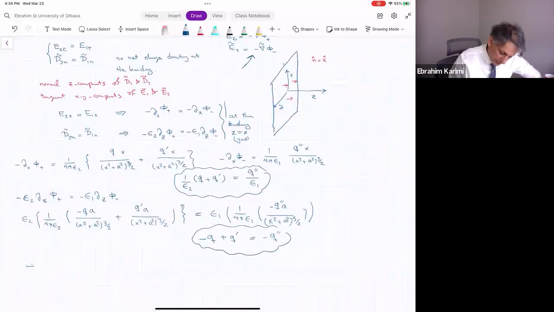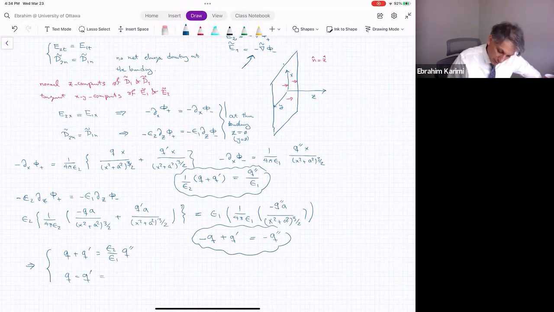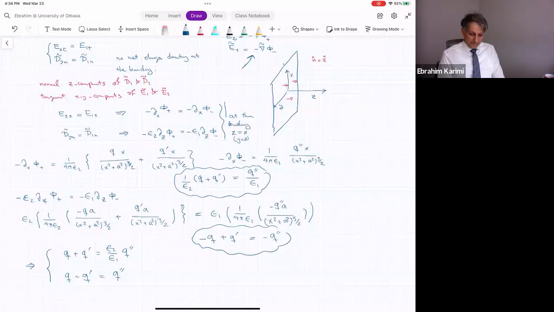So it means that we will end up with two equations: q plus q prime is equal to epsilon 2 divided by epsilon 1 q second, and q minus q prime is equal to q second. Good.